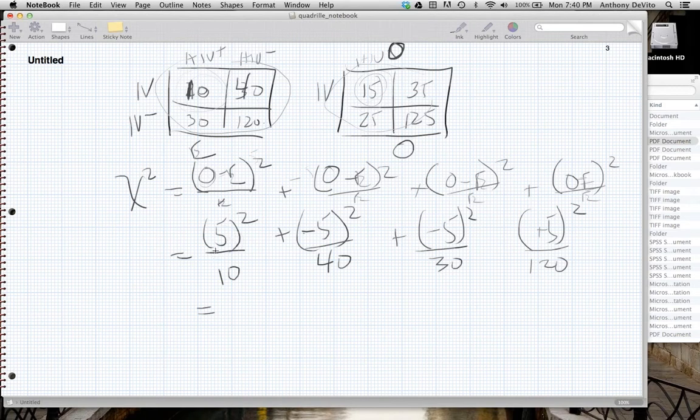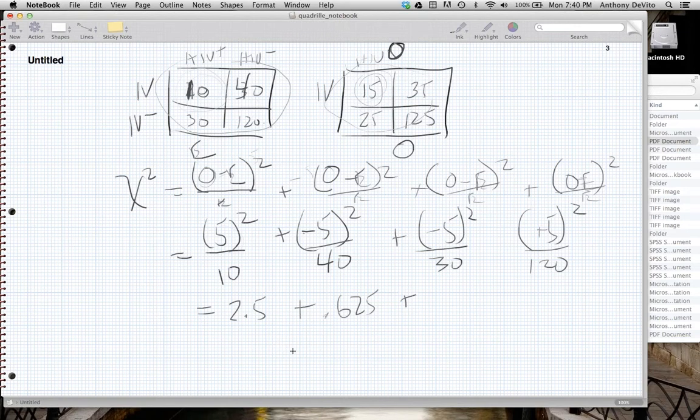So now let's actually work this out. 25 over 10 is what? 2.5, right? Okay, plus 25 over 40 is, how much is that? 0.625, is that right? Did I get that right? Okay. 25 over 30.